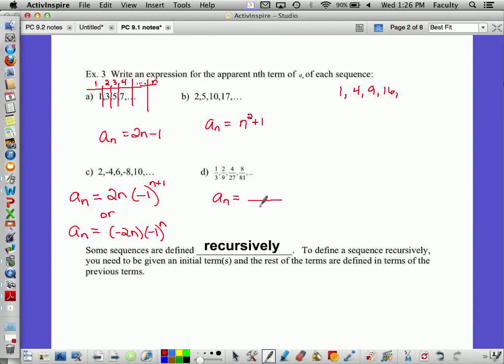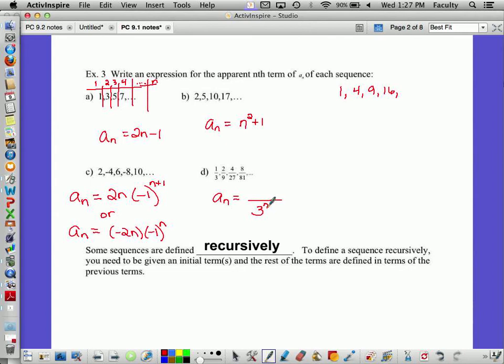All right, now, in letter D, the bottom you should have gotten, isn't that 3 to the n power? Because it's 3 to the first, 3 to the second, 3 to the third, 3 to the fourth. In the numerator, you know, good first attempt would be 2 to the n, but the problem is 2 to the 1 is 2. I'm off 1 power. So what could I stick in my numerator to make it start 1 less than that?